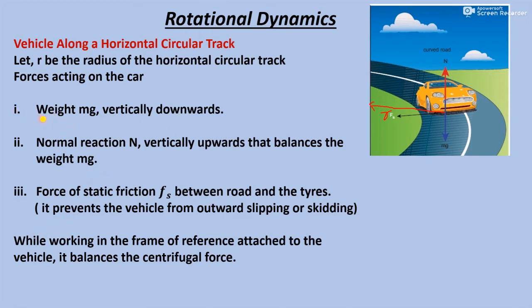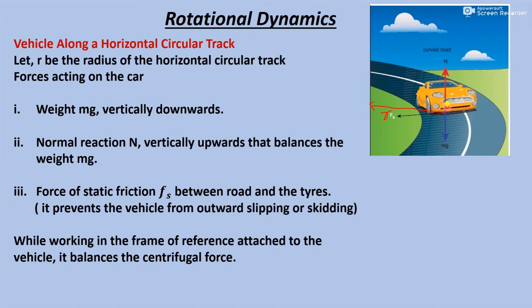The first force which acts on it is due to its own weight, that is mg, vertically downward. So you can see the weight of the car, we call it mg, acting vertically downward. Normal reaction N acts vertically upward, that balances the weight mg.